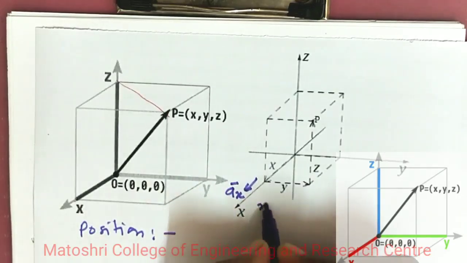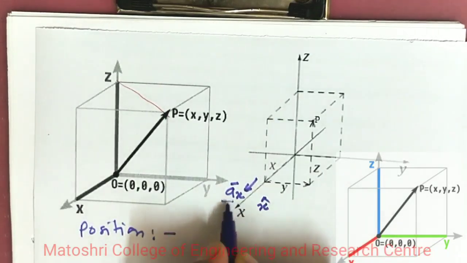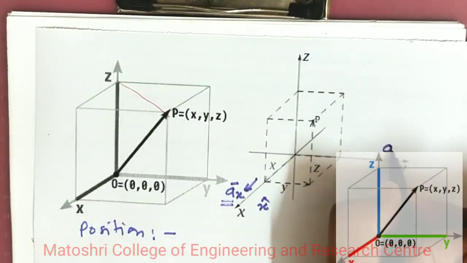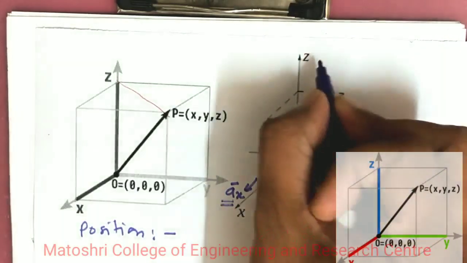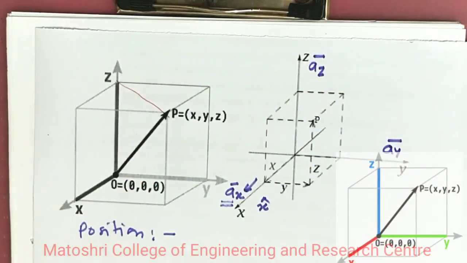In some books, the unit vector might be expressed by x cap also. I am going to use a with suffix x bar, that is the unit vector along the x-axis, the unit vector along the y-axis, and the unit vector along the z-axis. A unit vector has a magnitude of 1.